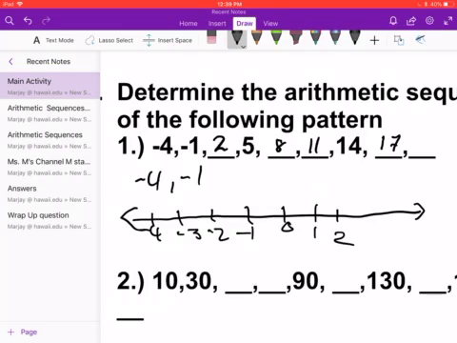From -4 all the way to -1, how much did you add? 3. Right, because 1, 2, and 3. We need to add 1, 2, 3 steps in order to get from -4 to -1.